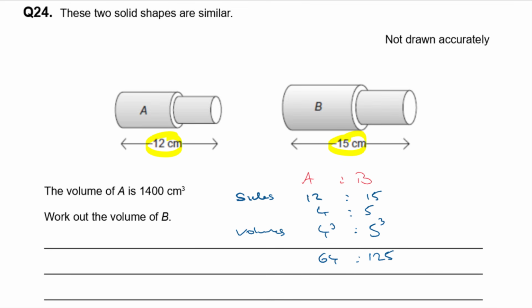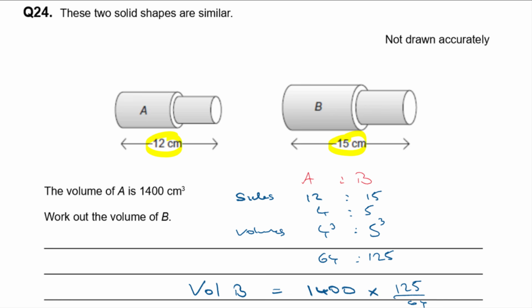Okay, so then the volume of B, the bigger one, is going to be the volume of the smaller one, 1400, and then we need to divide it by 64 and times it by 125. So it's going to be that, isn't it? So 1400 times 125 and divided by 64.